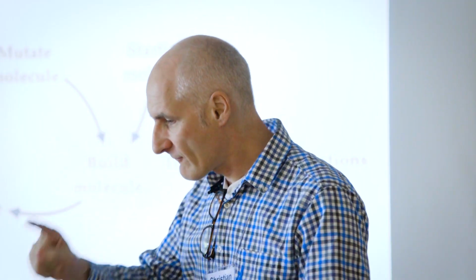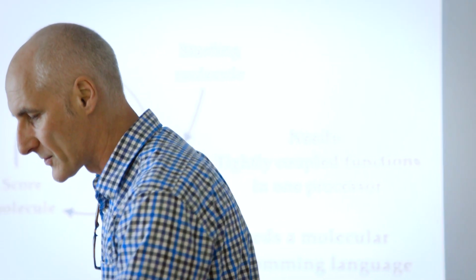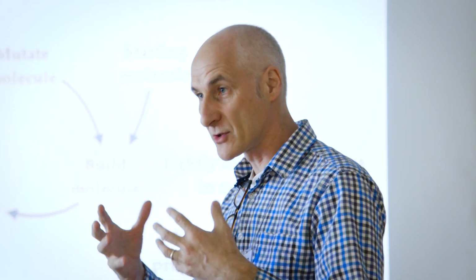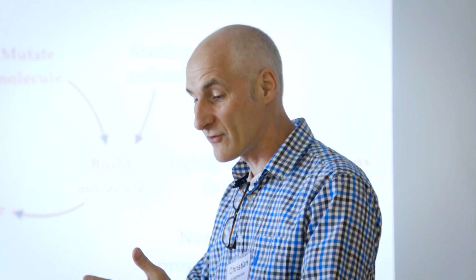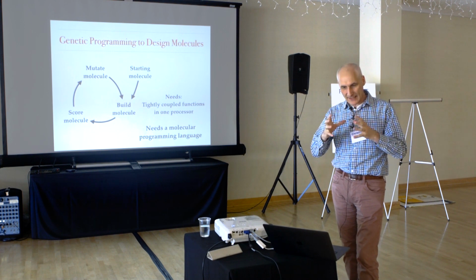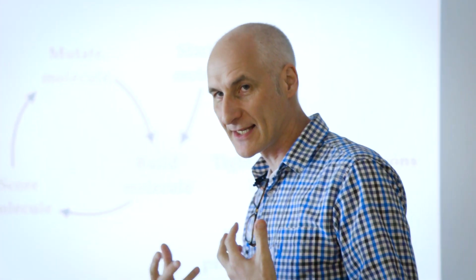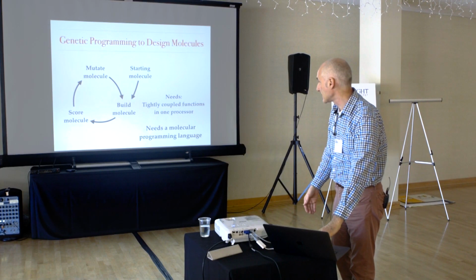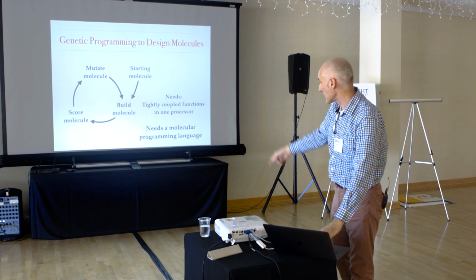And by doing that, you evolve your way towards an optimal design. To do this, you need to bring a lot of functionality together into one processor. You need the scoring function, you need building tools, you need a lot of software in one tight loop. And so it needs to run in one processor. And basically, I think it needs a molecular programming language, something where you can integrate all this stuff together in a very tight software package that will run in a very tight loop to do this.